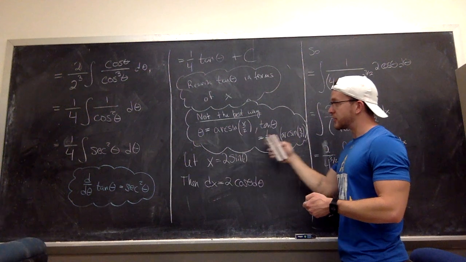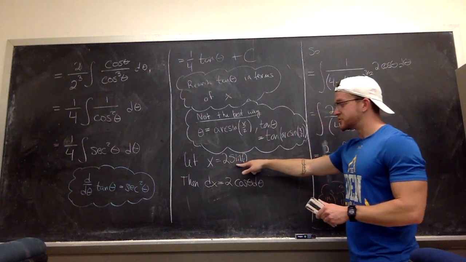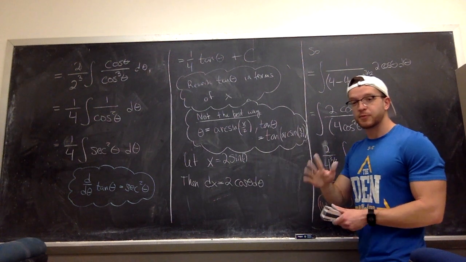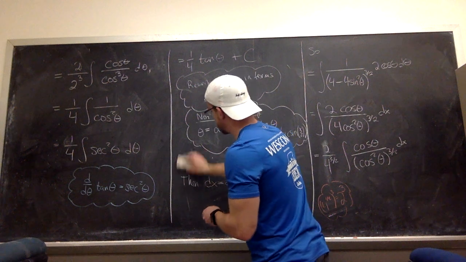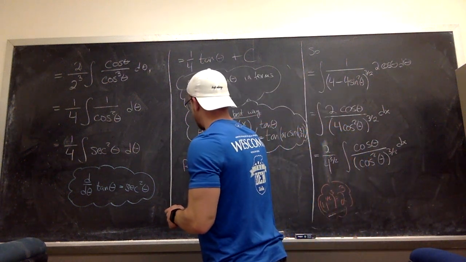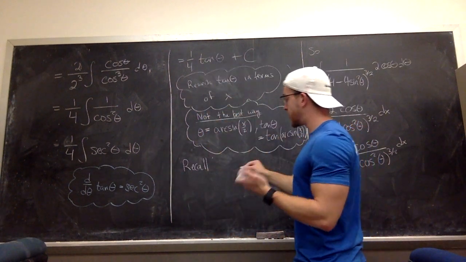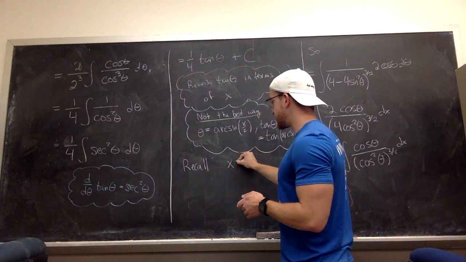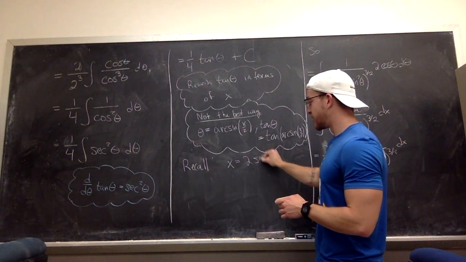What's the better way of doing this? I'm still going to use the original substitution. This is the key, but I'm going to use it in a slightly different way. Recall that the original substitution, which I just erased, is x equals 2 sine of theta.